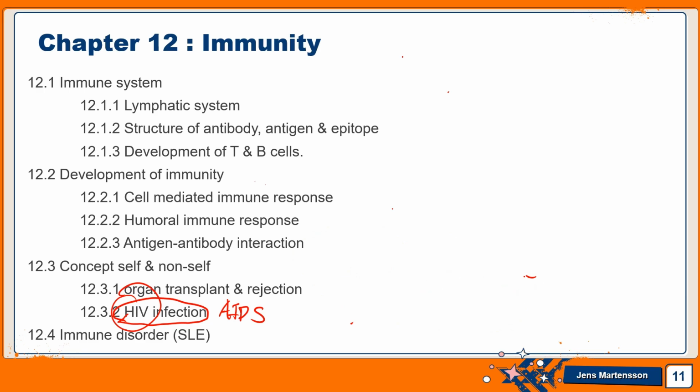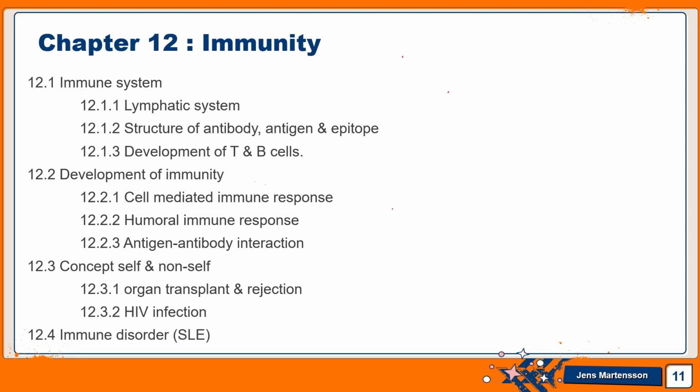You have to learn how HIV affects our body immune system. This you will learn. And the last topic is immune disorder, SLE. This one you just have to know the symptom, treatment, and prevention, and also the type, and some simple description only.